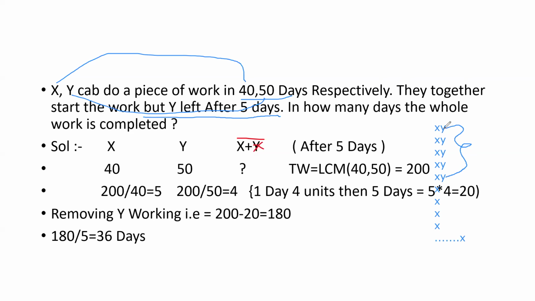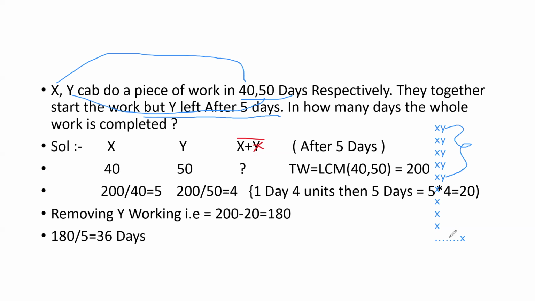So in this situation, Y can do 4 units in one day, and Y works all 5 days. In 5 days Y can do 5 into 4, that equals 20 units. We remove these 20 units from the total work, so we get 180 units of work.